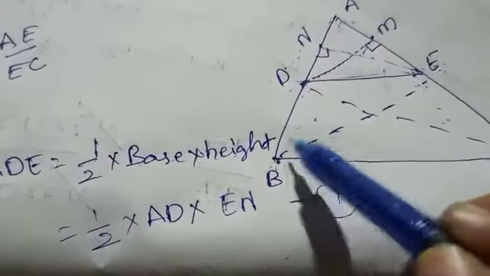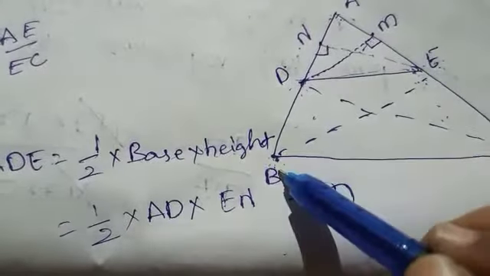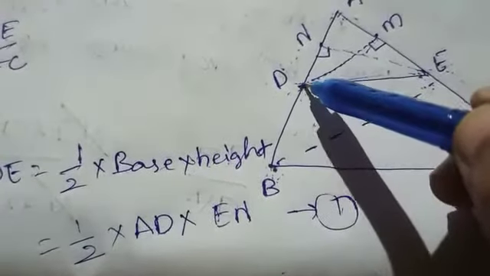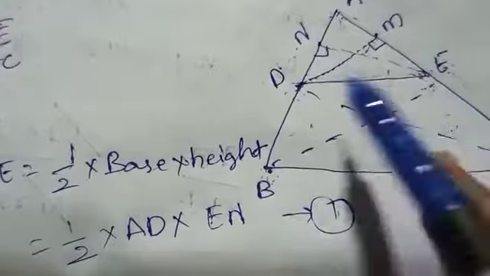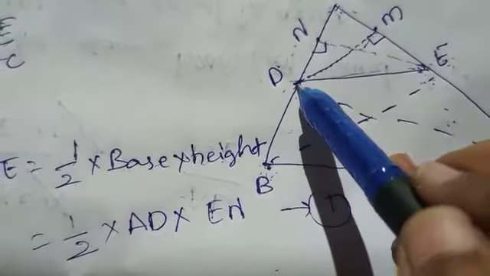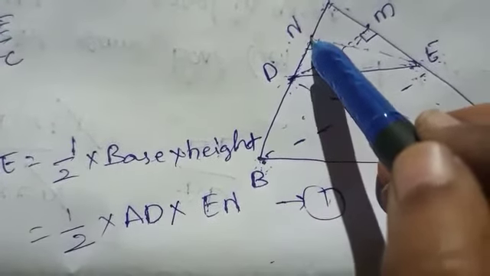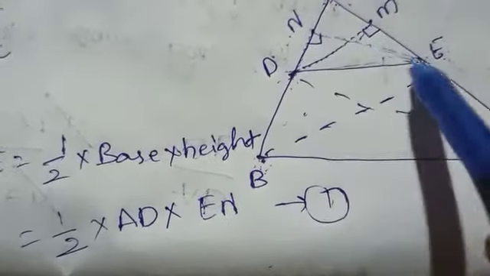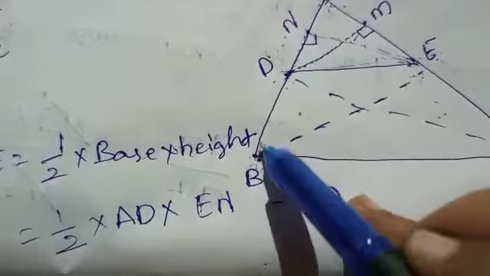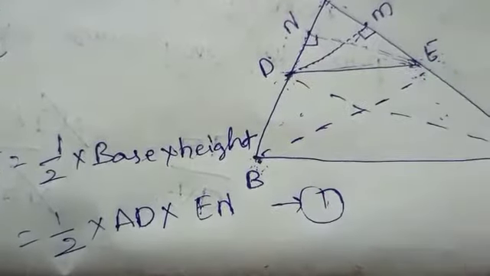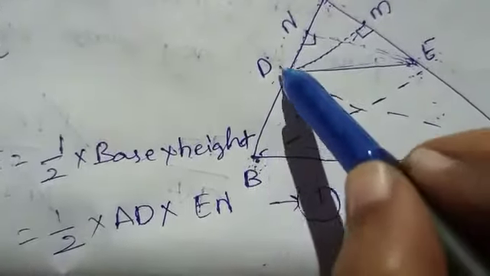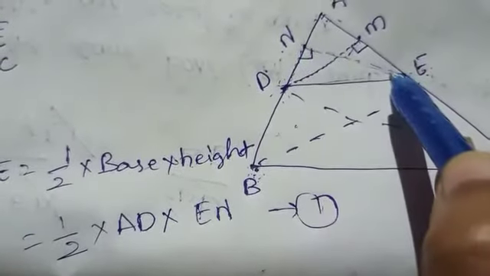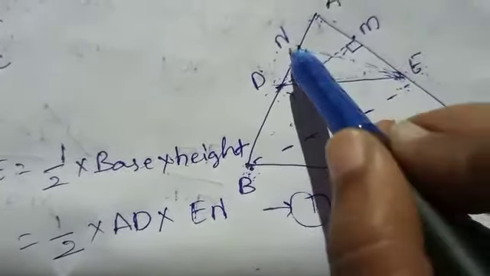In same way, triangle BDE. What is the area of BDE? This is the obtuse triangle. Okay, draw a perpendicular. Okay, extend base and draw perpendicular. Okay, here EN is the perpendicular. What is the area of BDE triangle? Half into base is DB and height is EN.